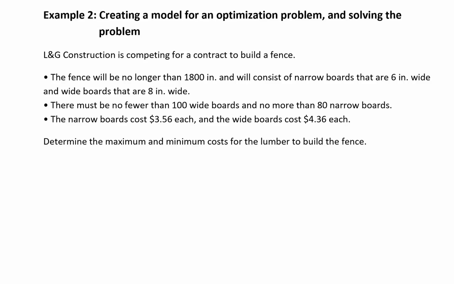Now, a lot of students have a difficult time just at the very beginning figuring out what exactly it is that you need to set up for your variables. And my answer to that is always ask yourself, what is it that we're counting? What is it that is actually variable? What's changing? So here, what are we trying to figure out? Well, we're trying to maximize and minimize the cost, but it's the cost for the lumber.